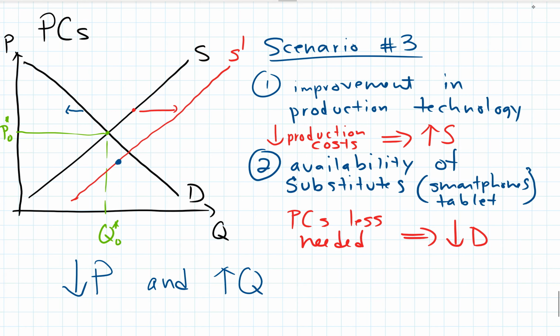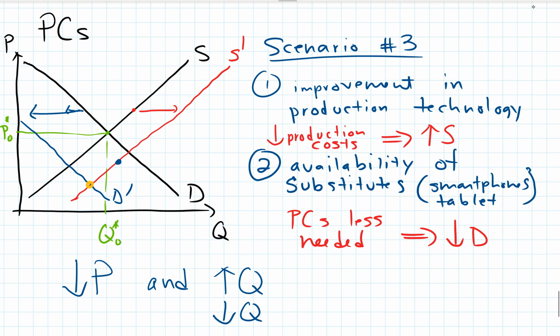So let's suppose the demand decrease was humongous. Okay, something like this compared to the supply. Well, now at our equilibrium here, we end up with still a lower price, but we end up also with a lower quantity, right? So these are actually both possible. This can go up or down.